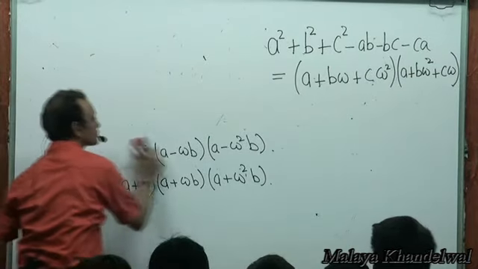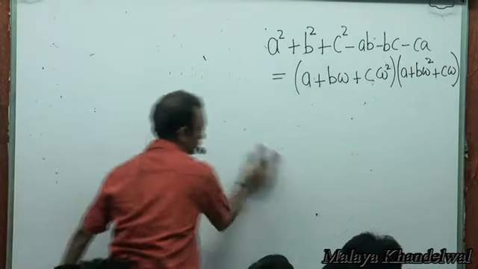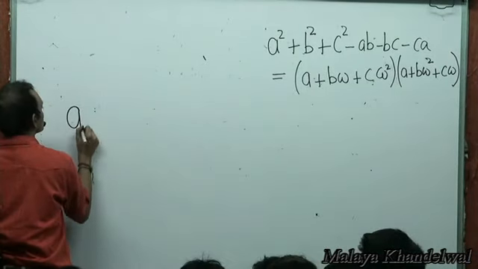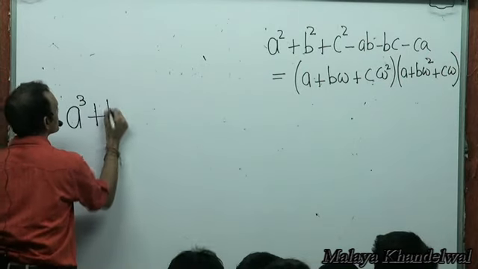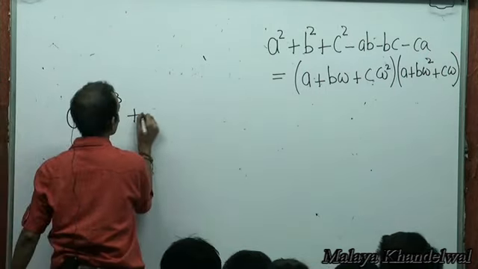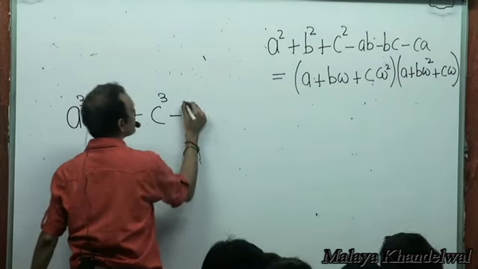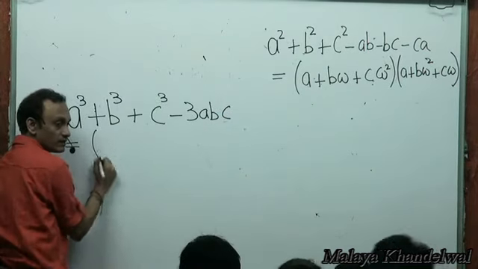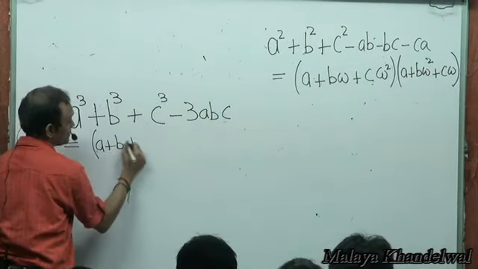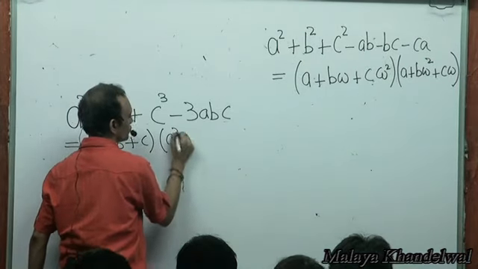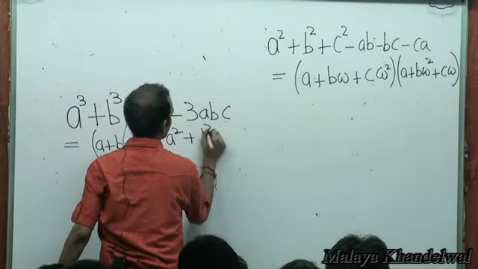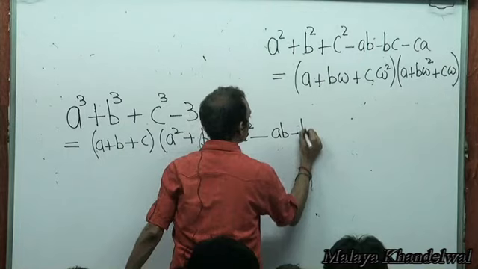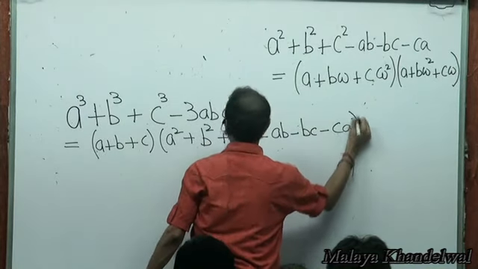Given this, do you all know how to factorize a cube plus b cube plus c cube minus 3abc? This is like a plus b plus c into a squared plus b squared plus c squared minus ab minus bc minus ca, right?